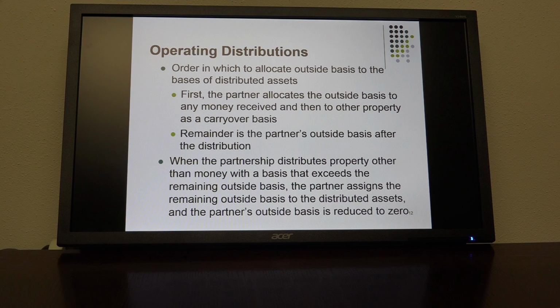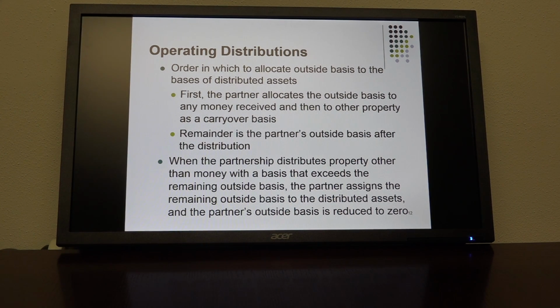But looking at 21-13, you've got Nicole receiving a distribution of $105,000 cash and investments with a fair market value of $100,000 and an adjusted basis of $90,000. Well, her outside basis is only $160,000. So she first reduces her outside basis by the amount of the cash distributed, $105,000. That leaves her only $55,000 of remaining outside basis.